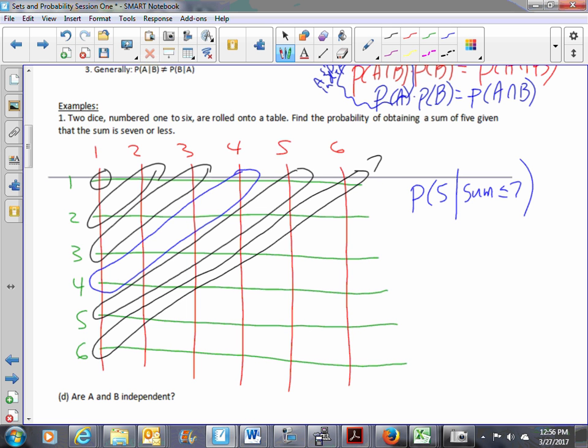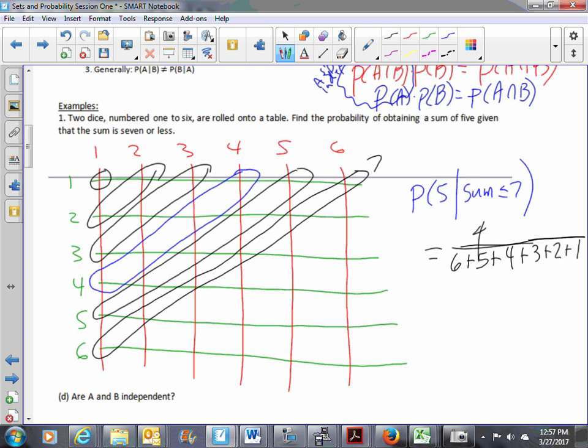Okay, so the probability of a 5 given a sum of 7 or less: on the top, there are 4 ways to get a 5. Now on the bottom, there are 6 ways to get a 7, 5 ways to get a 6, 4 ways to get a 5, 3 ways to get a 4, 2 ways to get a 3, and 1 way to get a 2.